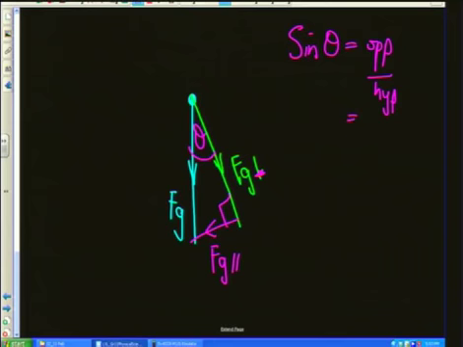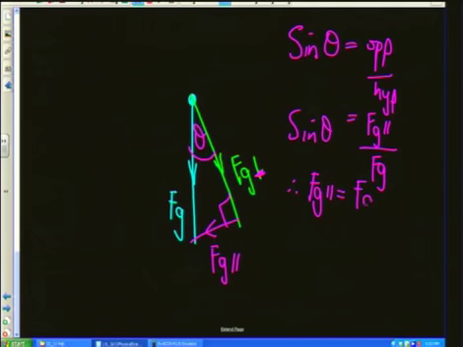So that will be equal to Fg parallel divided by Fg, which is the hypotenuse. That is the sine of theta. Therefore, if I want to find Fg parallel, I can make it the subject of the formula by multiplying both sides by Fg. So that becomes Fg sine theta. I believe Mukove is seeing that.